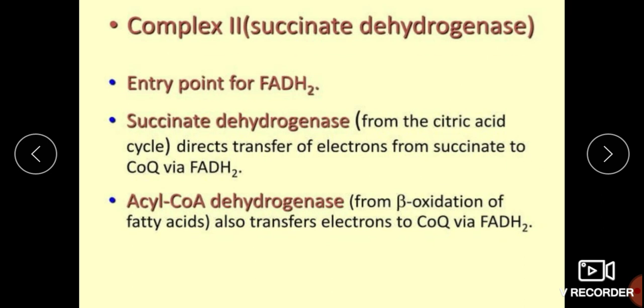The next is acyl coenzyme A dehydrogenase. This enzyme is from the beta oxidation of fatty acids, and it also transports electrons to coenzyme Q via FADH2. It means succinate dehydrogenase and acyl coenzyme A dehydrogenase resemble each other.